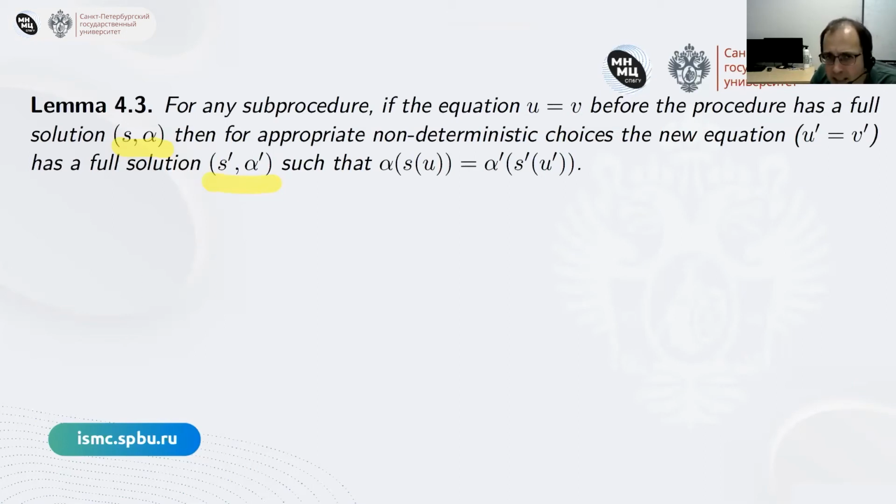And such that when we compute alpha on the previous solution word and alpha prime on the new solution word, then this is exactly the same. So in some sense we keep exactly the same solution word.